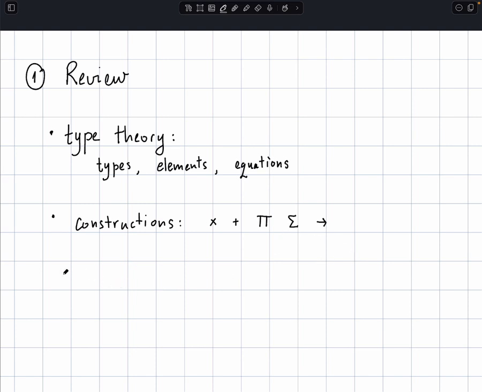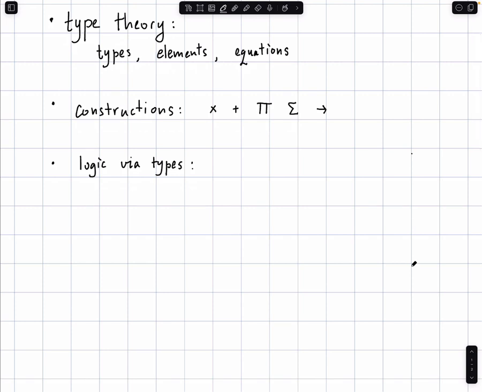I think this is about how far we got, but then we also discussed logic, and we said, okay, what do we do with logic if we eliminated it? We said, well, we're going to do logic via types, and the idea was that logical statements correspond to types with at most one element.